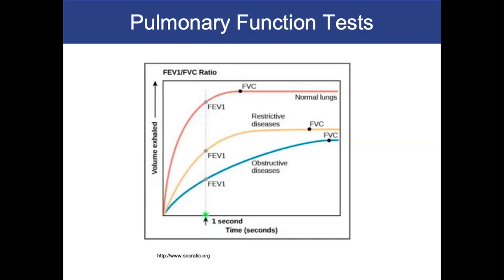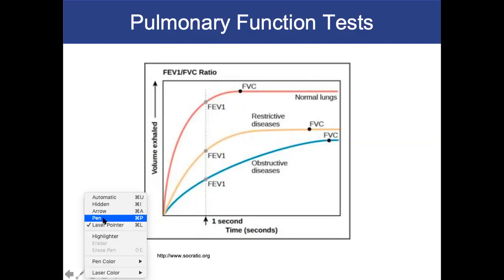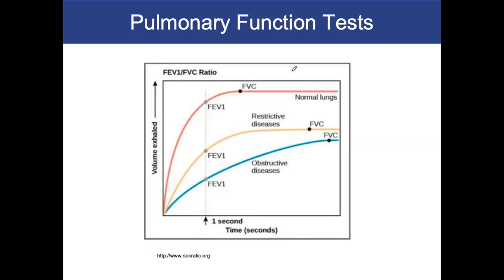Take a look. We're interested in the 1 second reading. If you look at the red line, the maximum value is your forced vital capacity, right? The maximum value is always going to be your forced vital capacity on these graphs.